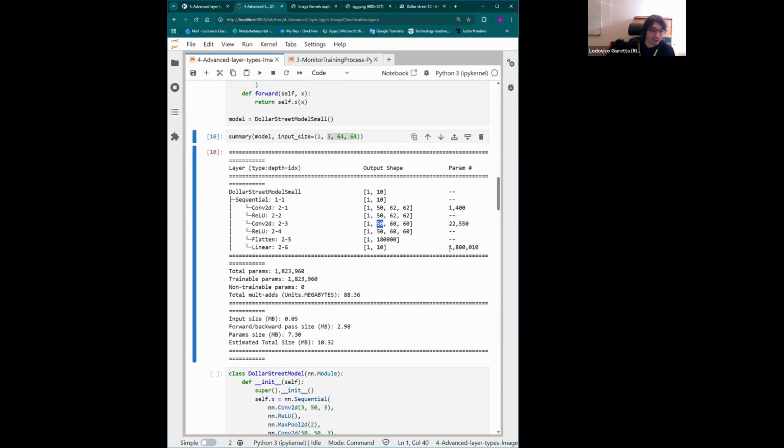But then the other point is the parameter count. It's a little bit high for the linear layer at the end. The linear layer is dominating the overall computational complexity, which is not that good because hopefully we want the convolutions to be extracting useful patterns.